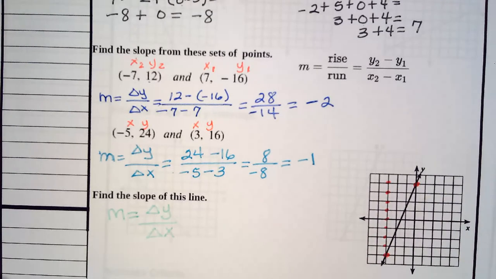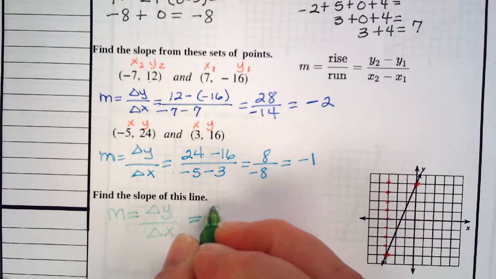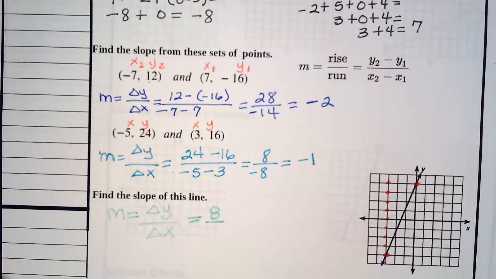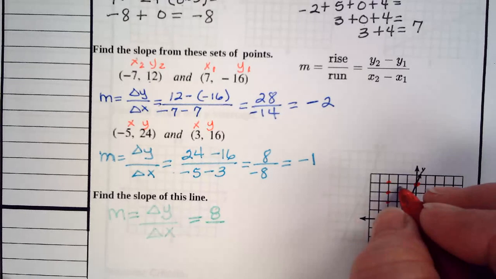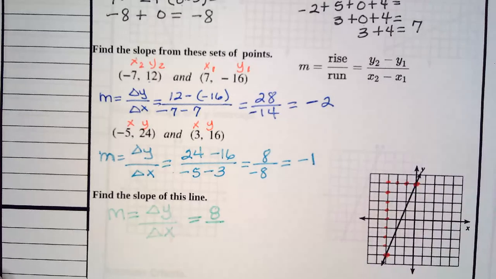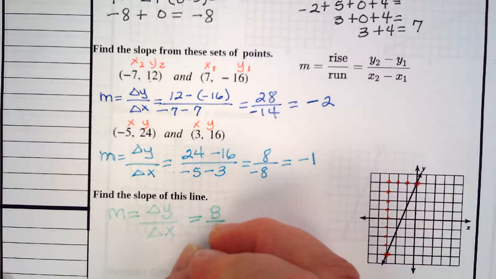My rise is 8. My run is 1, 2, 3. So the slope is 8/3.